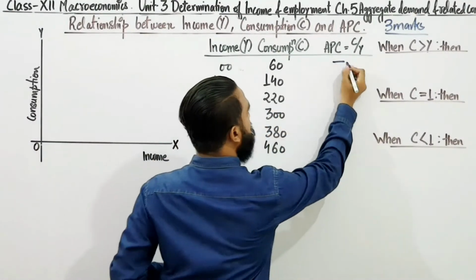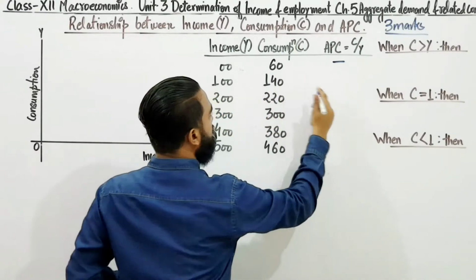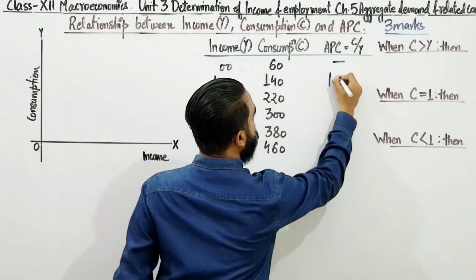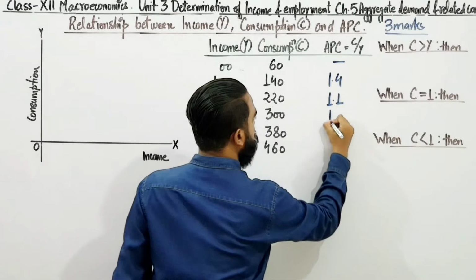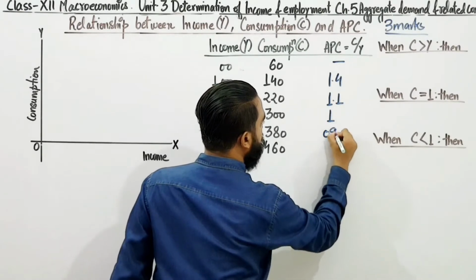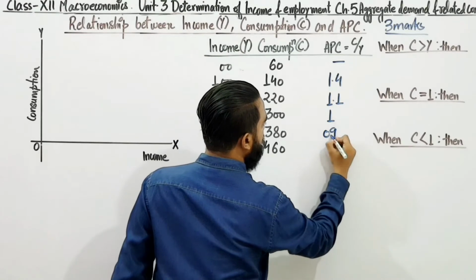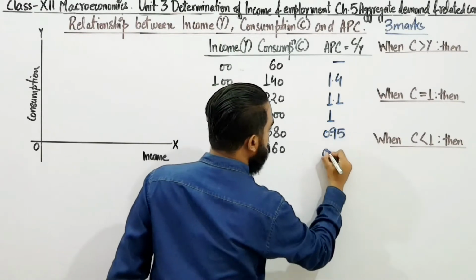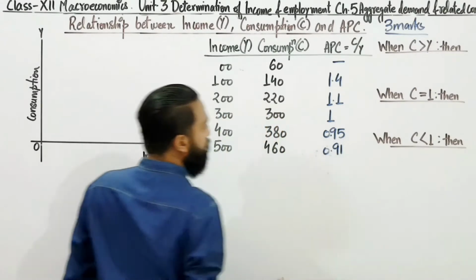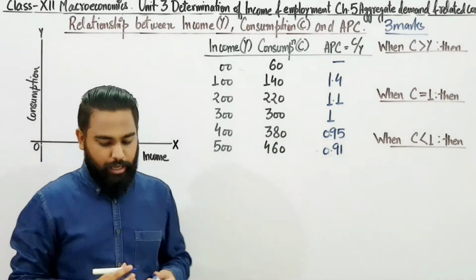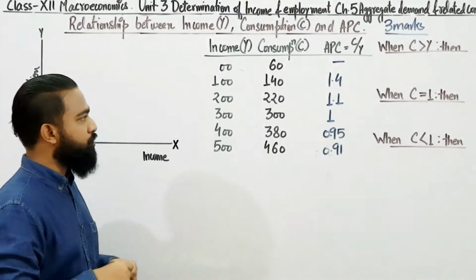At income 0 it cannot be established, and the rest are 1.4, 1.1, 1, 0.95 and 0.91. Fine. So these are your values of APC. I hope you have understood.